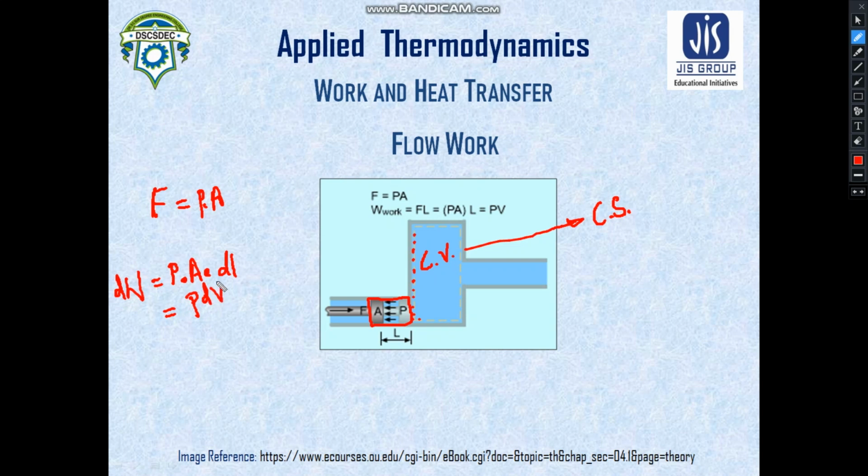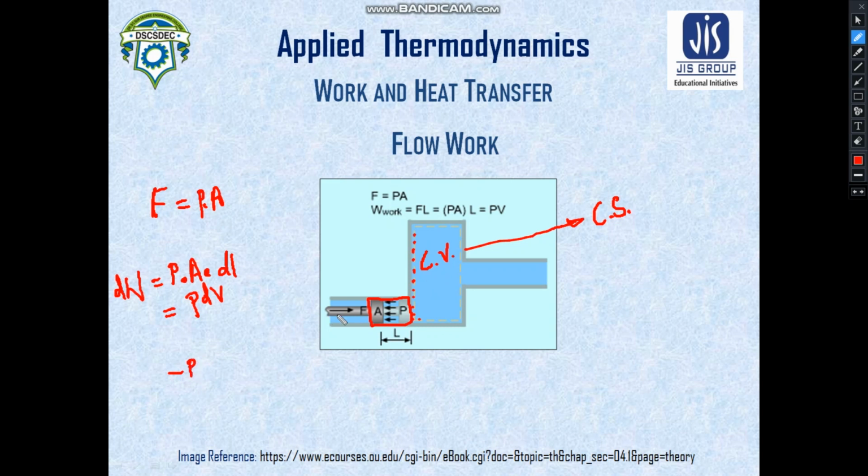So at inlet condition, the surroundings is doing work on this system. If we consider the control volume as our system, then the surroundings is doing work on it.